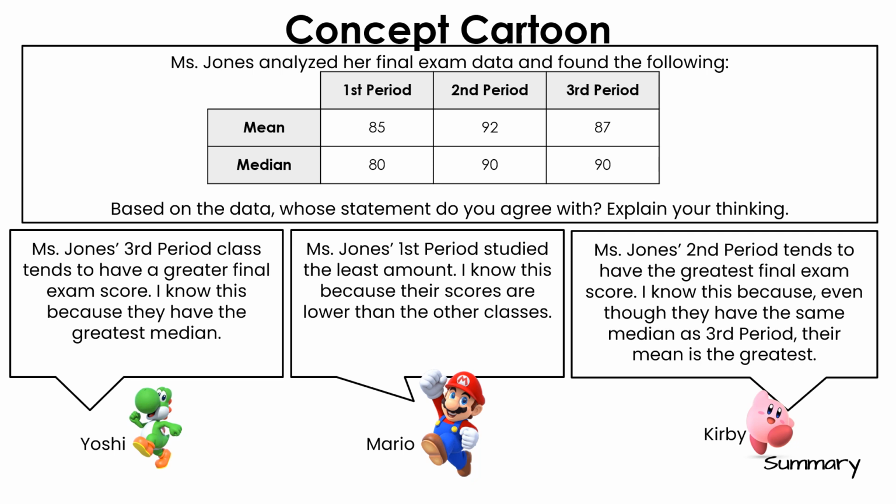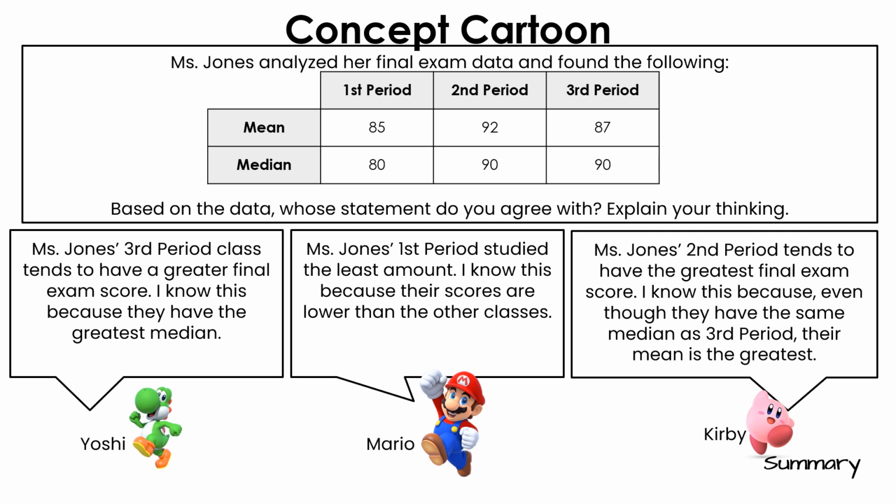Yoshi believes Miss Jones' third period class tends to have a greater final exam score, and he believes this because they have the greatest median. Mario says Miss Jones' first period studied the least amount. I know this because their scores are lower than other classes.